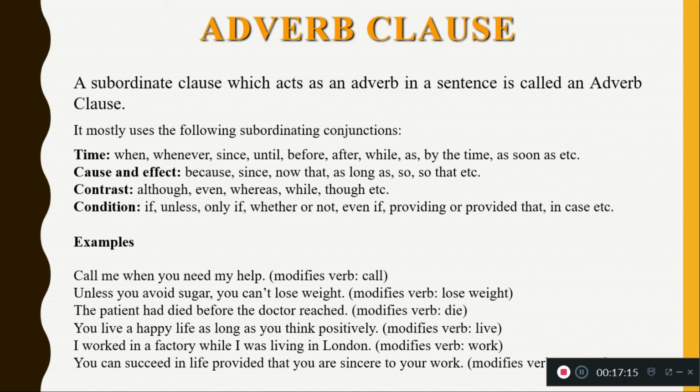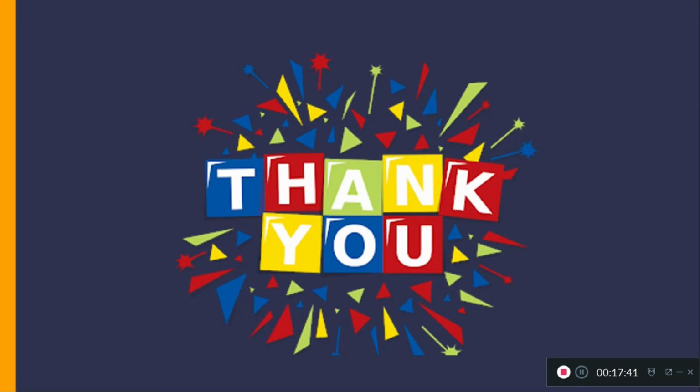It modifies the action of the main clause in terms of time, frequency, condition, cause and effect, and intensity. For example, in the first sentence, call me when you need my help. The subordinate clause, when you need my help, indicates the time of the action, thus functions as an adverb. So it is an adverb clause.